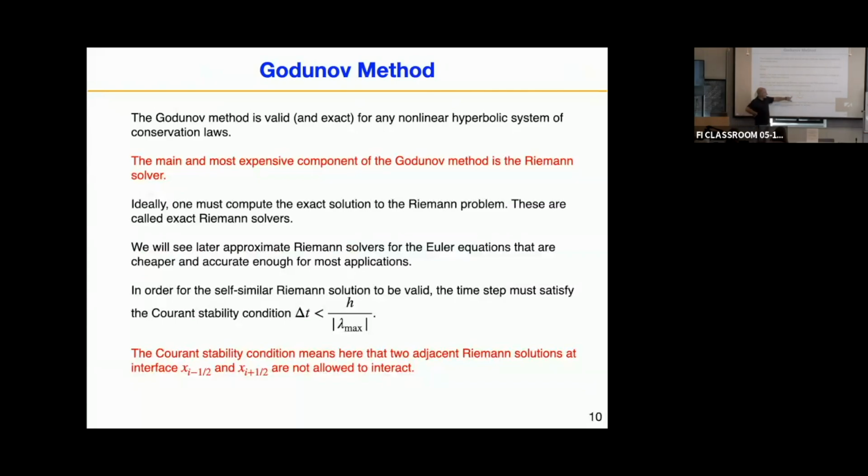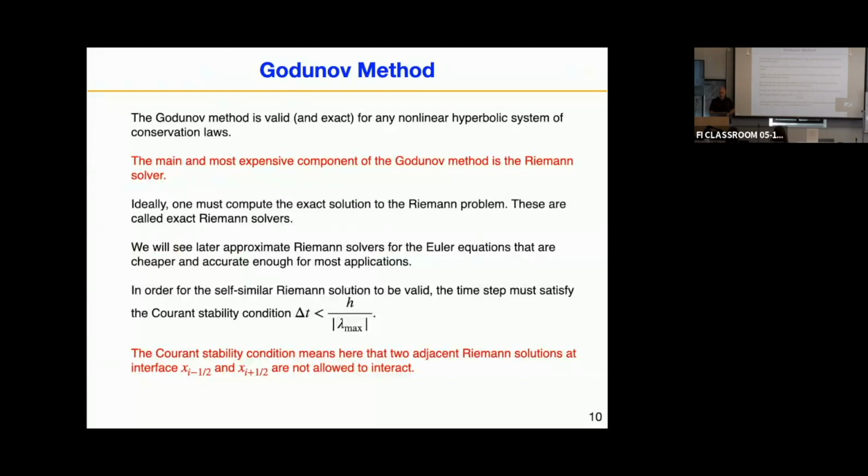This condition is basically the same as saying that when you have one Riemann solver here and another Riemann solver nearby, you don't want the two Riemann solvers to interact with each other, because then they're going to change and the value will not be exact anymore. So in order to decompose your problem into independent exact Riemann solvers, you want to make sure that the waves are not touching the other Riemann solution.